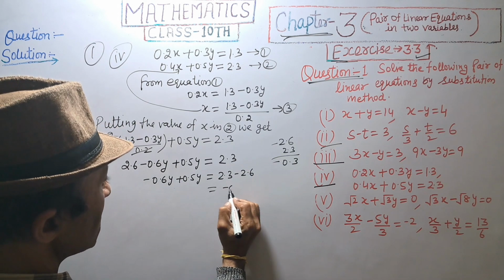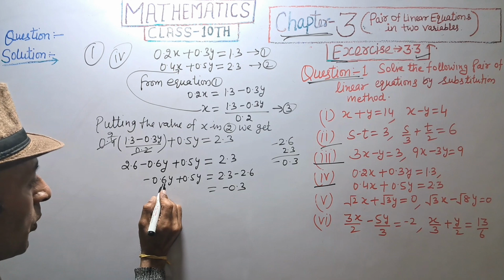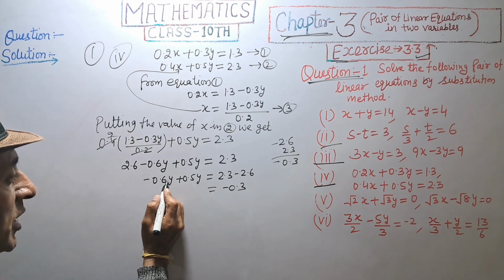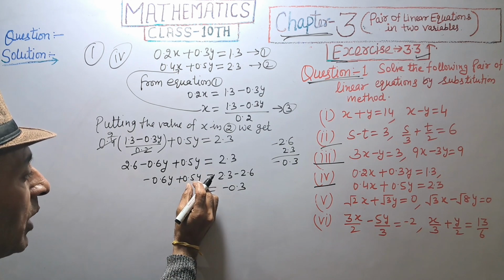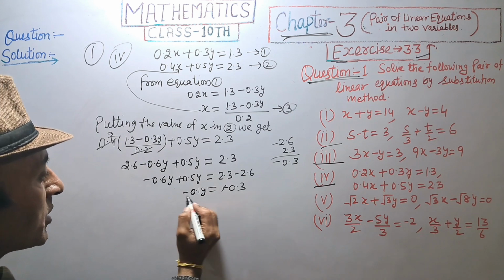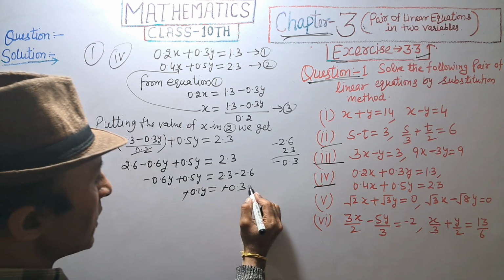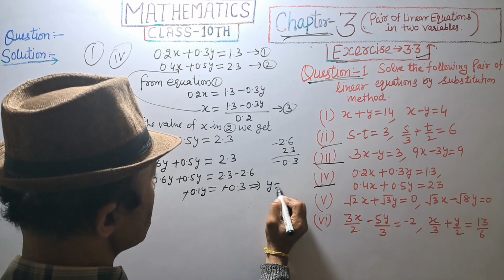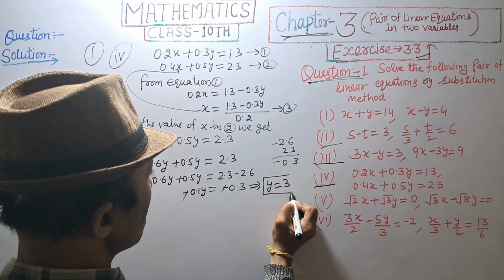So that will be minus 0.3, and minus 0.6y plus 0.5y, that is minus 0.1y. Minus minus is cancelled, and this implies y is equal to 3.